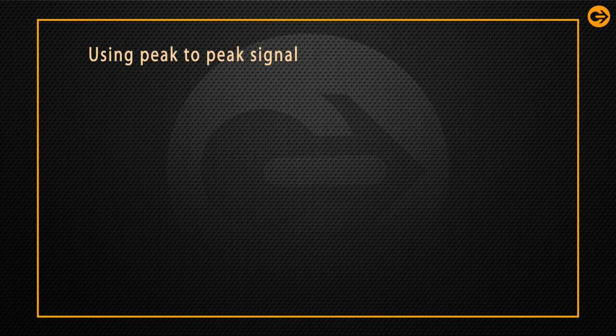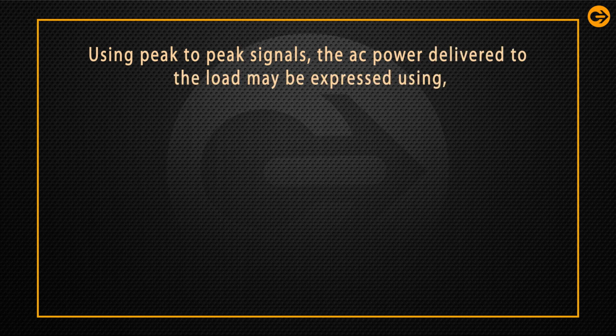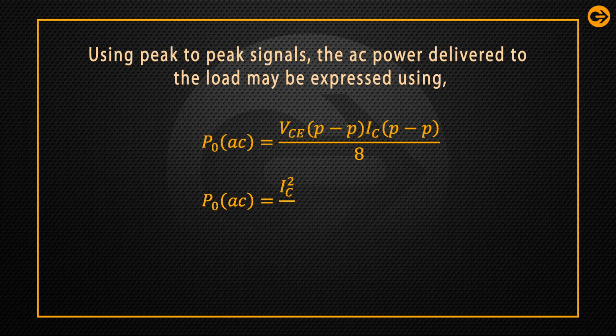Using the peak to peak signals, Po(AC) is equal to VCE(p-p) times IC(p-p) by 8. After further simplification, we get Po(AC) equal to VCE(p-p) squared by 8RC.